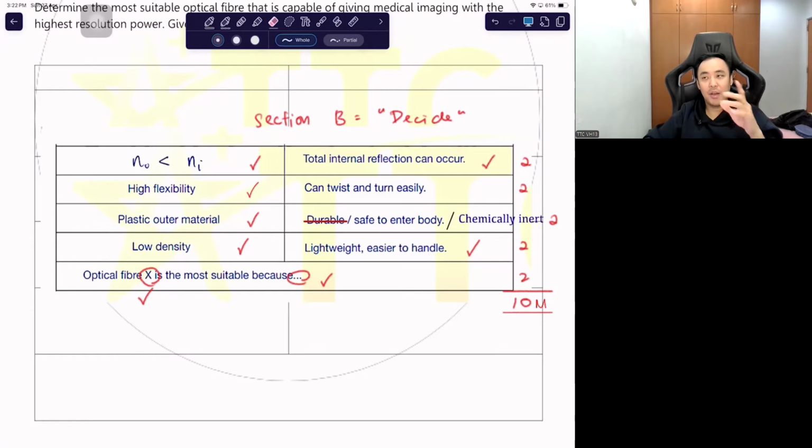Depends. If I look at the nose, I look at the ear, that one is still fine. Depends on which part. If those parts are really inside your body, they will give you a bit of anesthetic. But must be anesthetic.